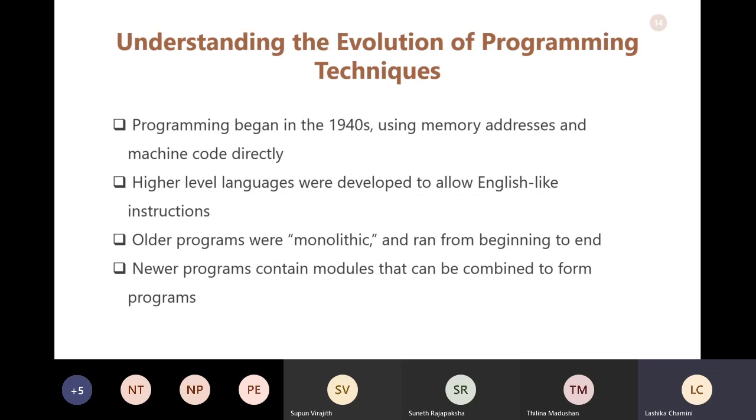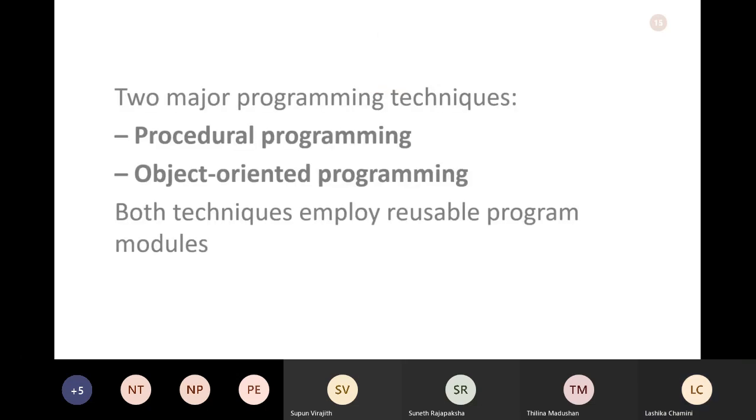At the beginning of programming, we had monolithic or procedural programs. That means the program runs from beginning to end, a top-down approach. And now we have newer program modules, for example, object-oriented program modules, and these can be combined to form programs. So we'll discuss these program types.